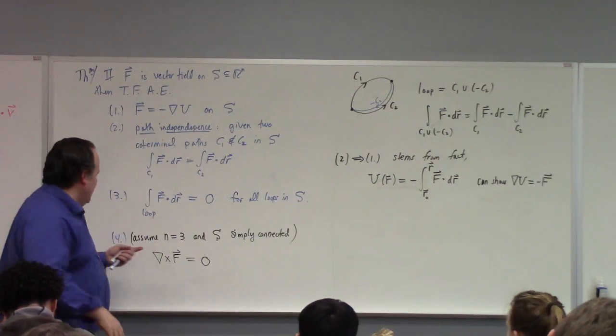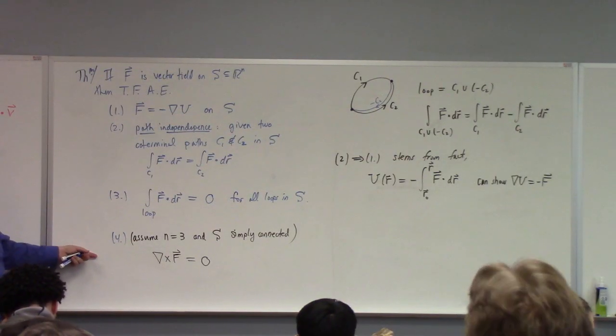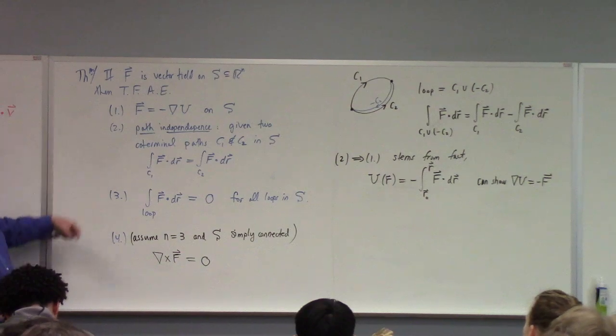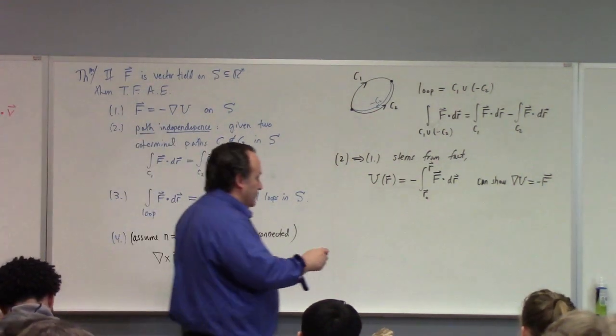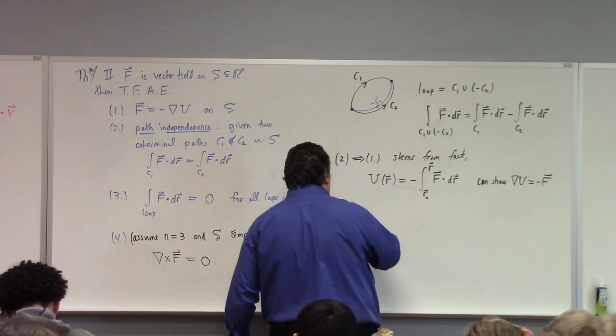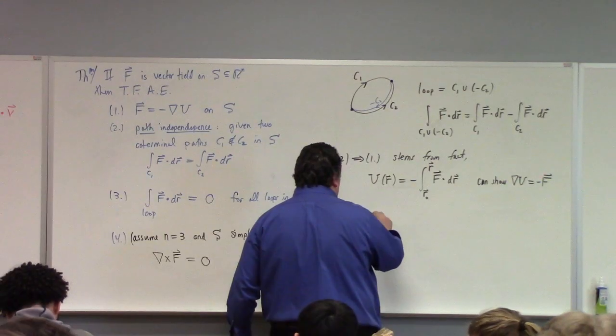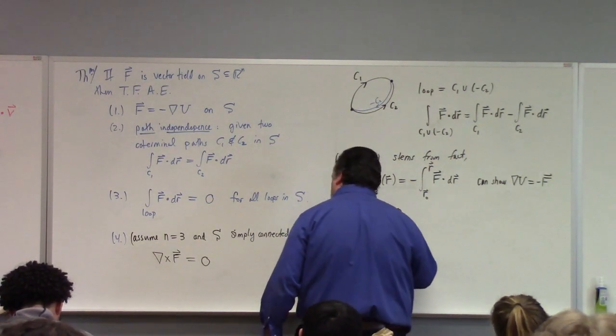But what's the deal with this one? How does this get thrown in the mix? How does this relate to these? Do you guys know? Remember at the end of Calc 3, we talk about a theorem. What was that theorem? Stokes' theorem? That thing that happened at the very end of Calculus 3 and then you forgot about it?